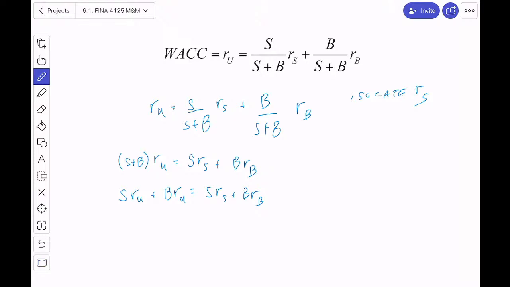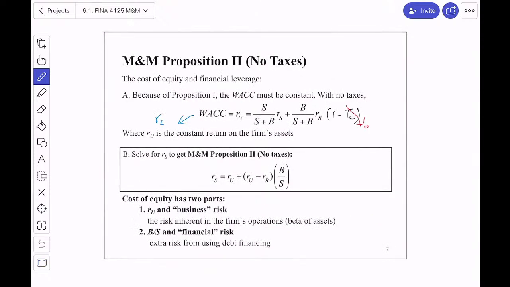And you see what's going to happen here? If I take RS and I move this to the other side, do you see what's next? Where are we headed? We're headed to this, right?